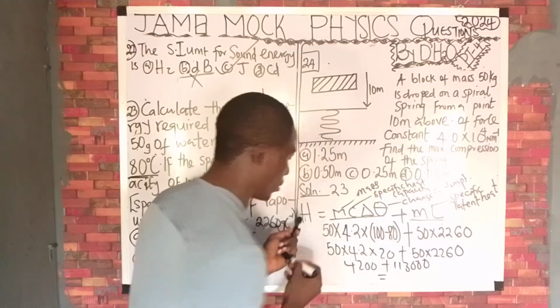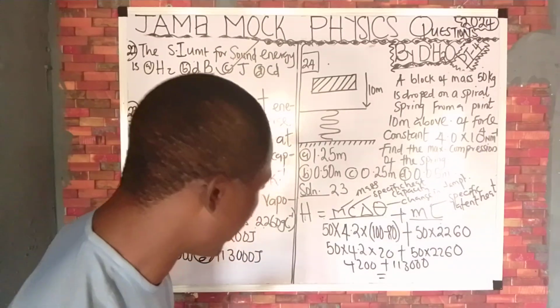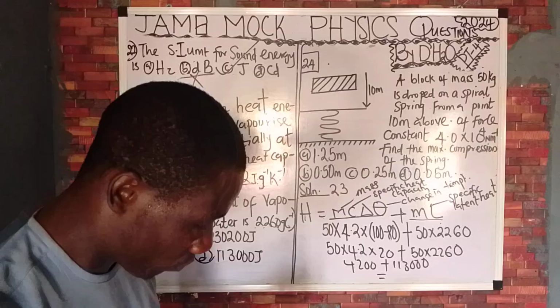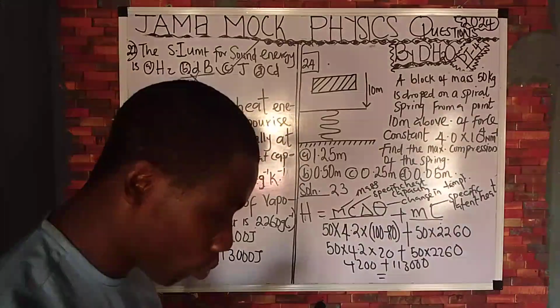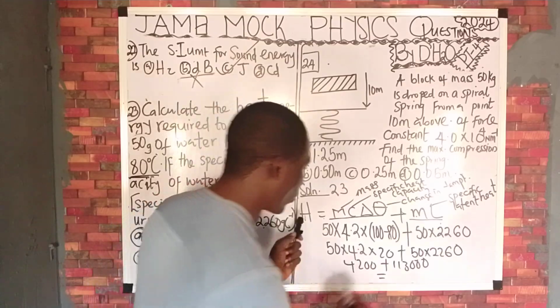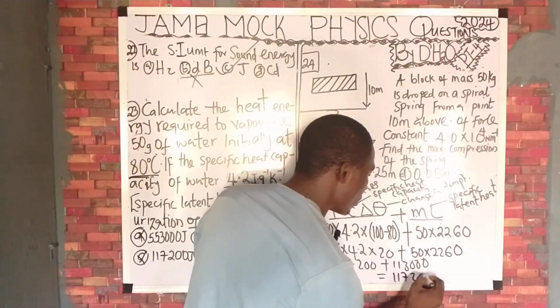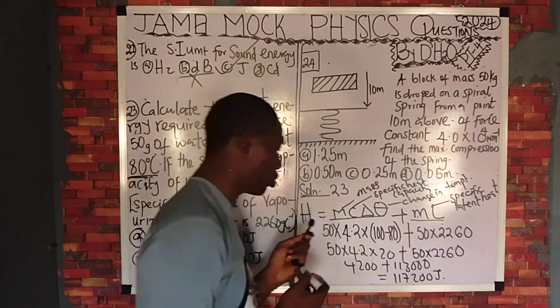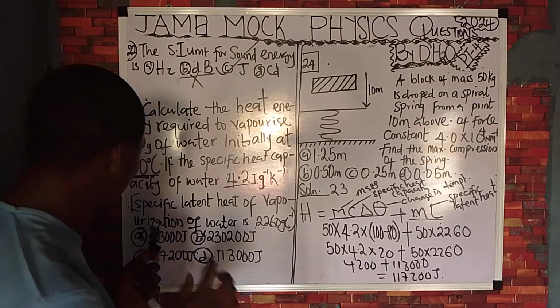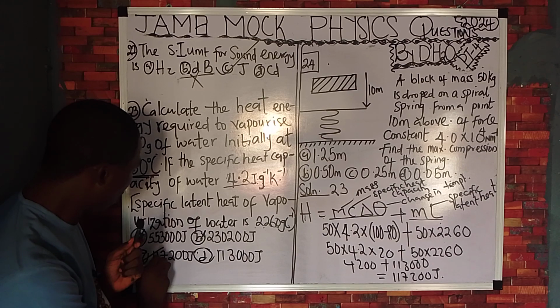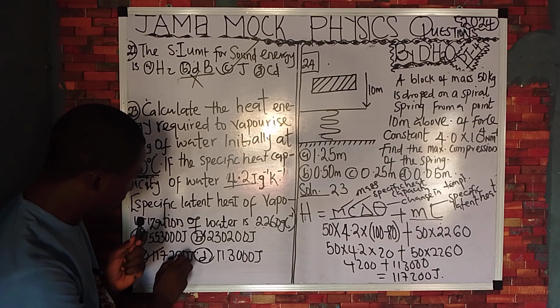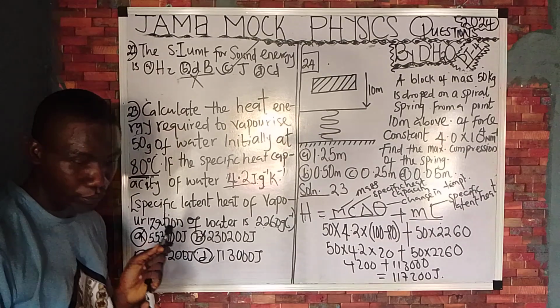So let's add it up together: 4,200 plus 113,000 gives 117,200. So we have 117,200 joules. The answer to this question is option C, 117,200 joules. Thank you very much.